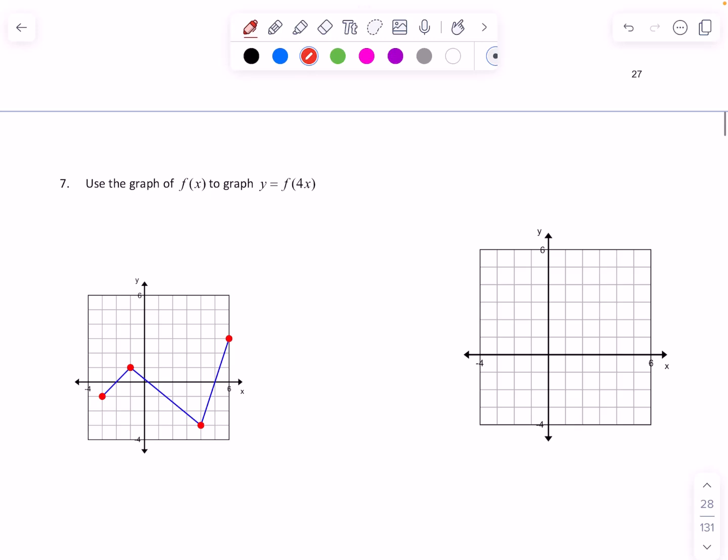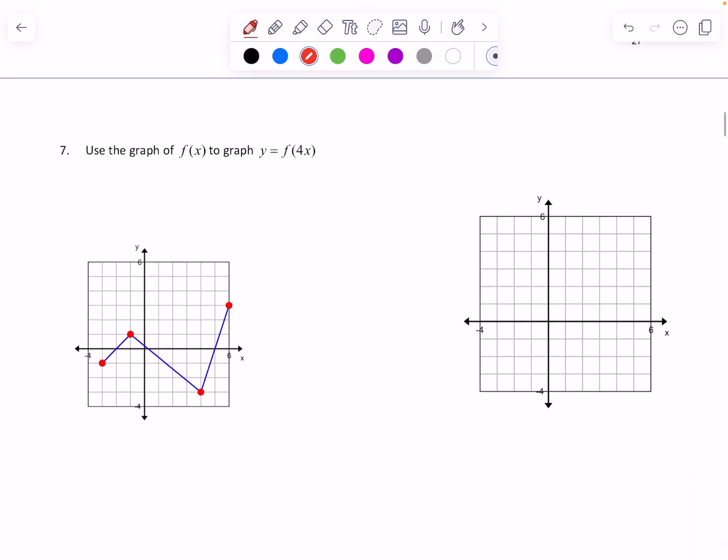Now, in this example, we don't actually have a formula for the function. We just know that we want to graph f of 4x. What we notice here is that the 4 is on the inside, so this is going to be a change to the x values.